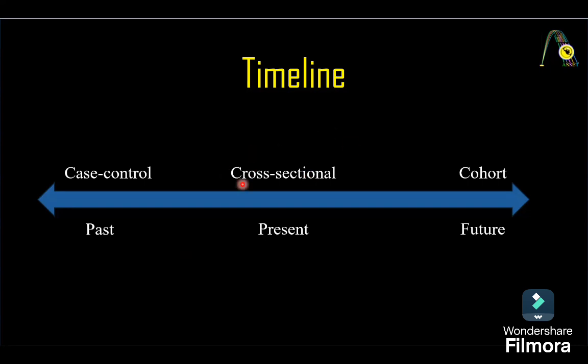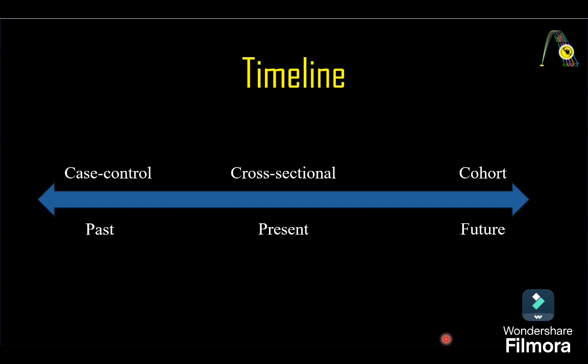Cross-sectional studies are just a snapshot of the current time. How does it look right now? Say, for example, you're looking at diabetes. How many participants currently have diabetes, right? It's just looking at the current state of things, the current prevalence. Whereas with cohort studies, you're looking at risk factors, right?